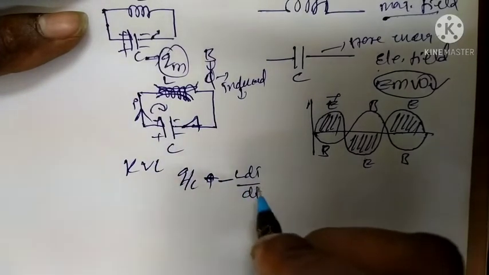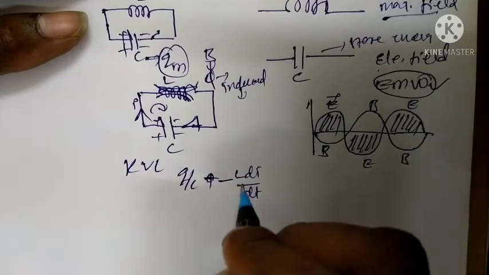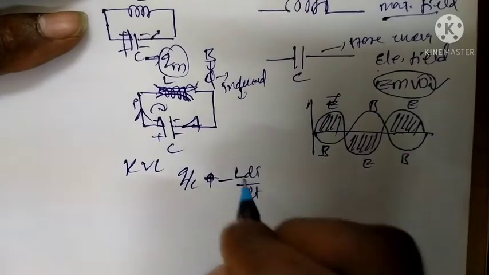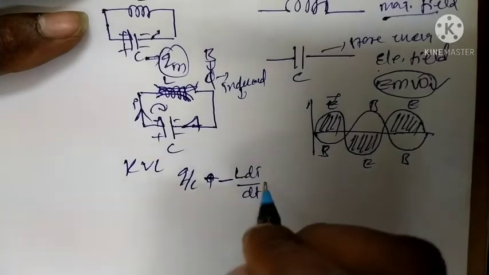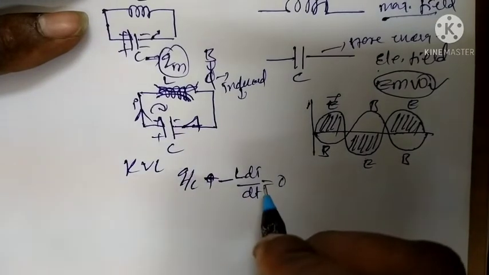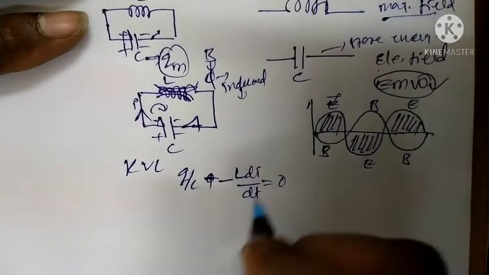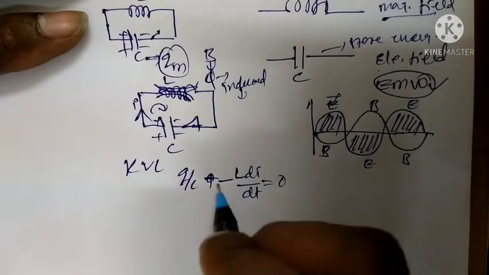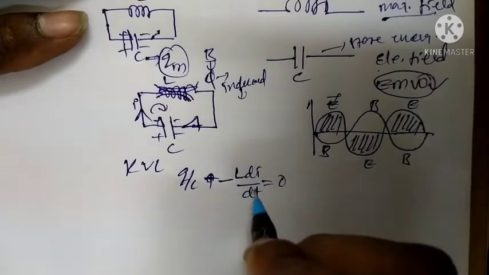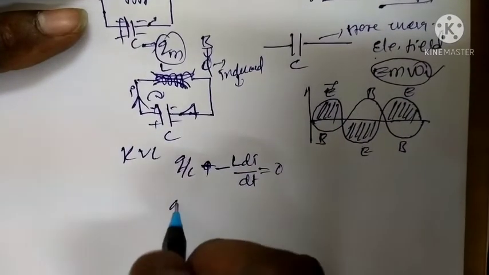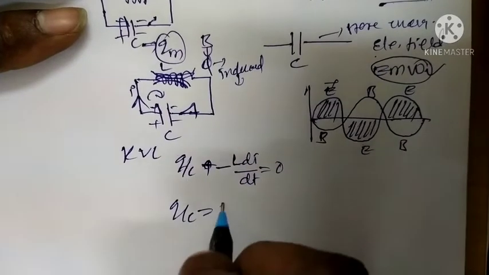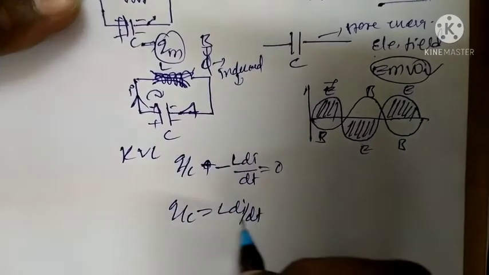This voltage opposes the induced EMF, that is minus L dI by dt. This was explained in the previous lecture, in the case of AC voltage applied to the inductor, where it is negative and opposes the induced EMF. From this equation we can write Q by C is equal to L dI by dt.